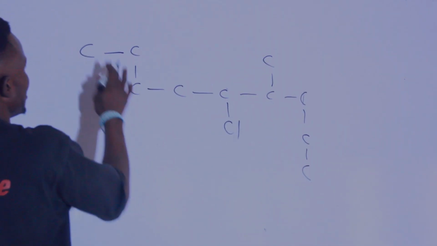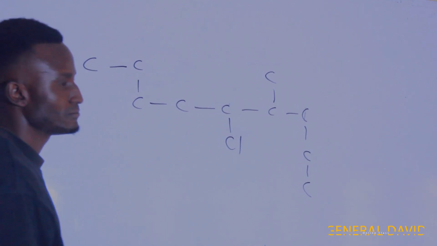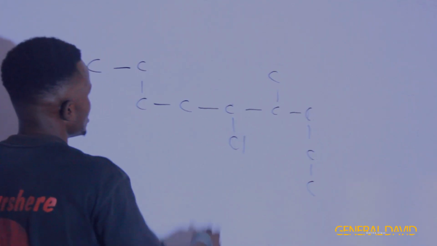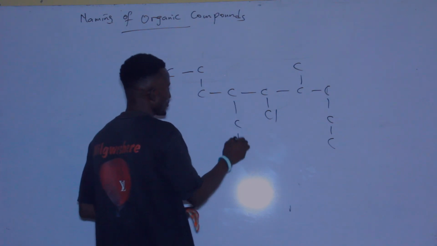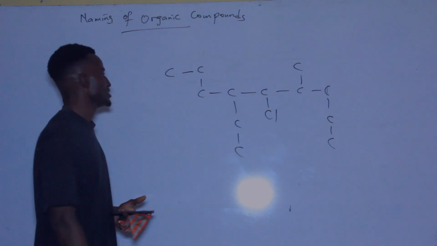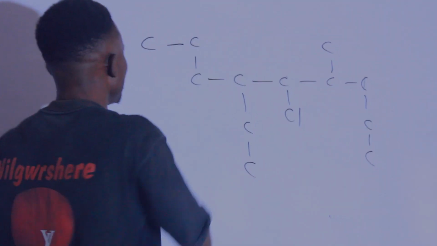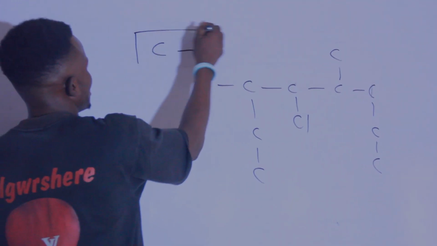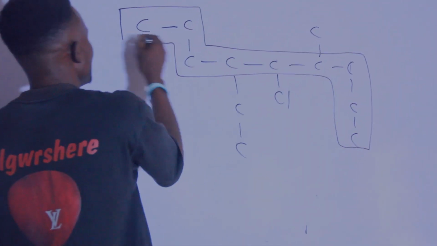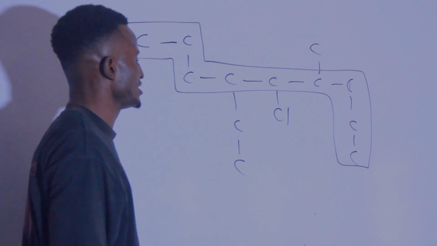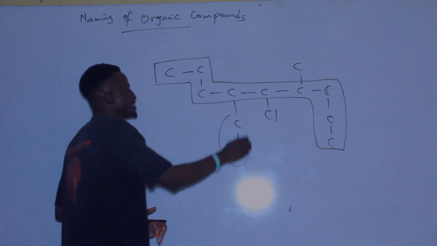Now, see this structure now. Chlorine. Now, let me draw this structure now. If you check this compound very well, the longest carbon to carbon chain should be this. Now, if this is the longest carbon to carbon chain, then you observe that others are what?